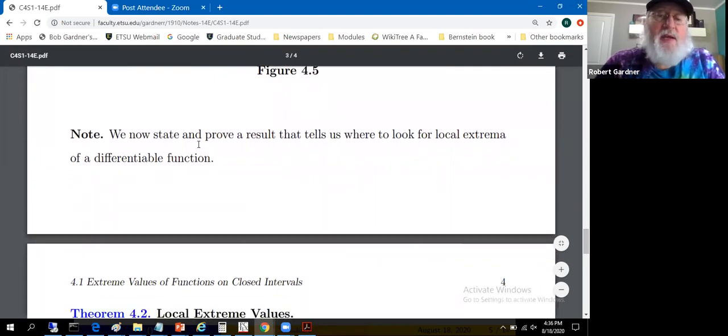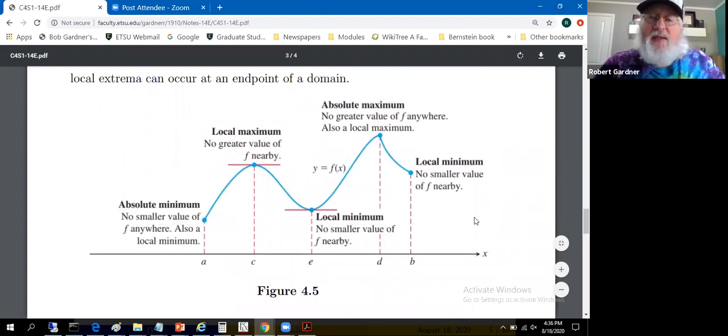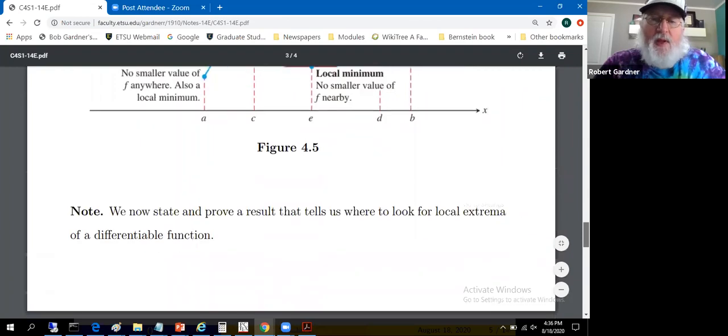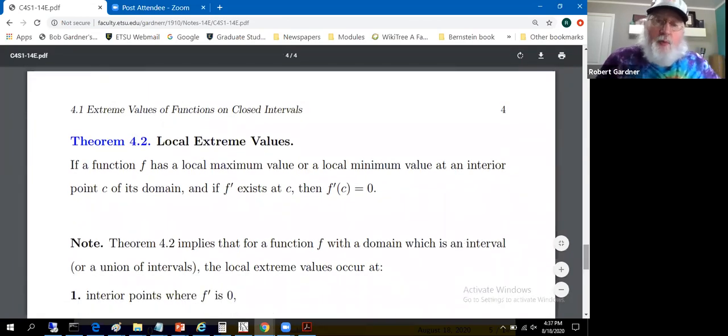Okay, so now we'll state and prove a result that tells us where to look for local extrema of a differentiable function. So if I could find these local extrema, then I could just pick the greatest one and the least one, and that would also give me the absolute extrema. And that picture is meant to foreshadow Theorem 4.2, local extreme values.